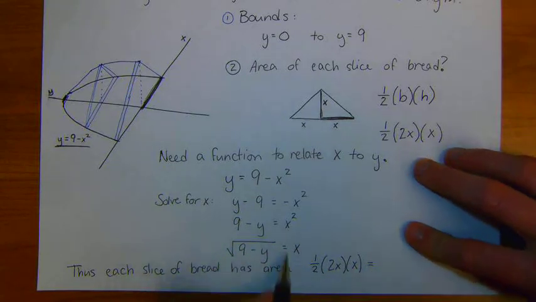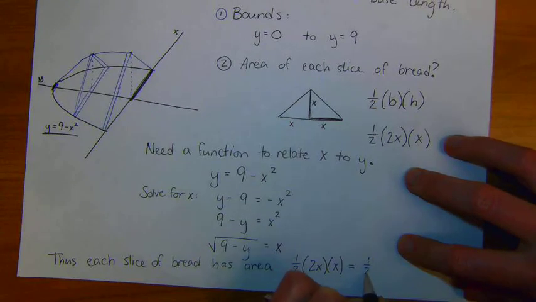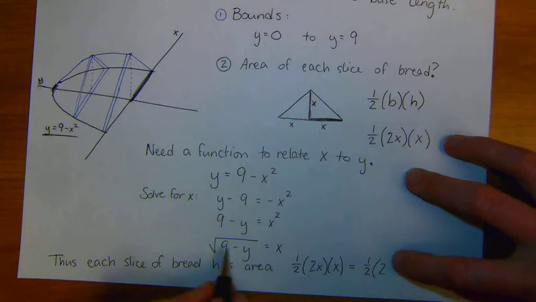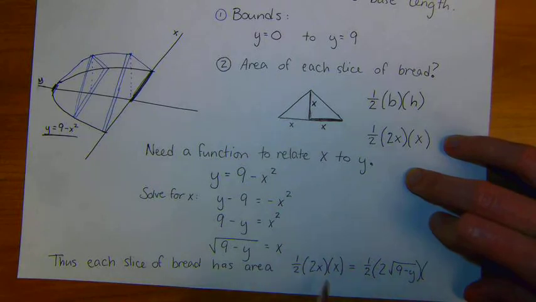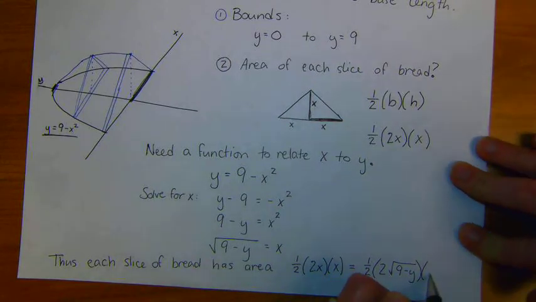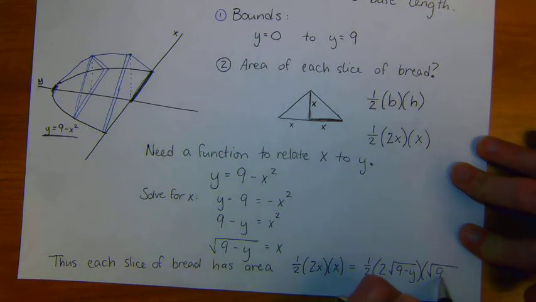Rewriting that in y language, that's 1/2 of 2 times, well, what's x? The square root of 9 minus y, times x, which is the square root of 9 minus y.